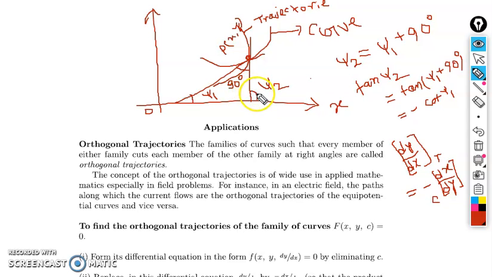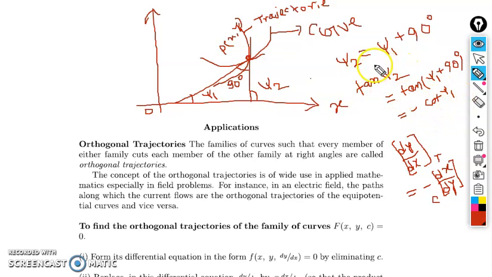If it makes an angle phi 2 with the positive x-axis, and the tangent of the given curve at the point of intersection makes an angle phi 1 with the positive x-axis, then by the relation that an external angle of a triangle equals the sum of the two opposite internal angles, phi 2 equals phi 1 plus 90 degrees, because the curves make a 90-degree angle there. Taking tan on both sides, tan phi 2 becomes minus cot phi 1.